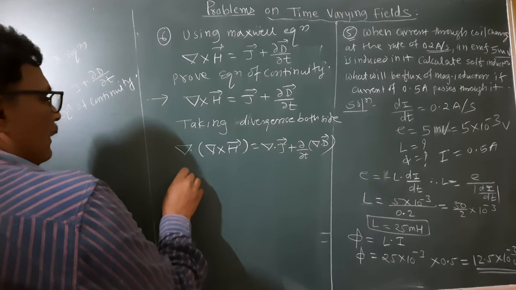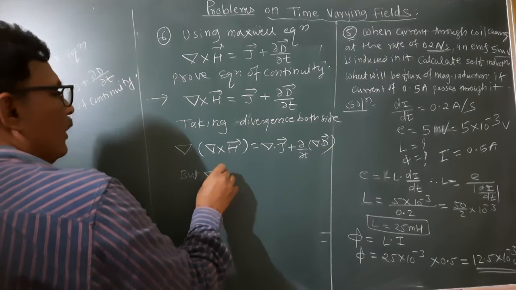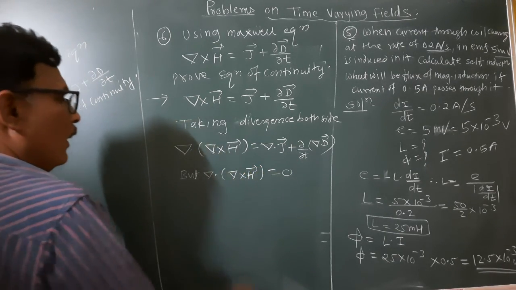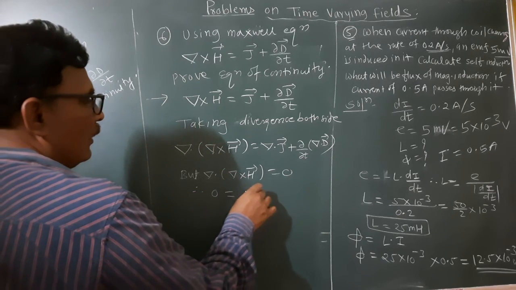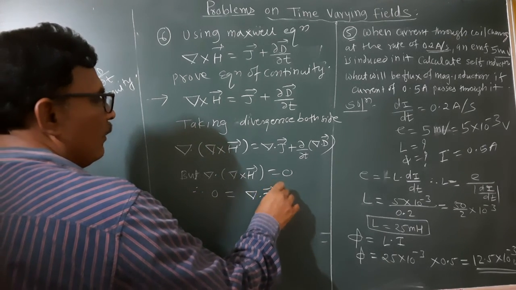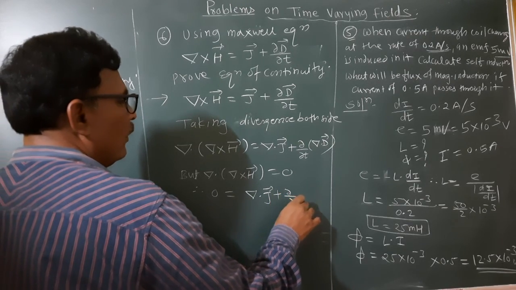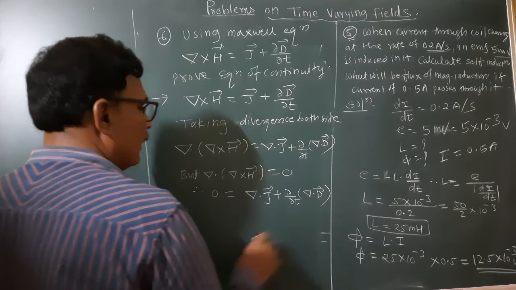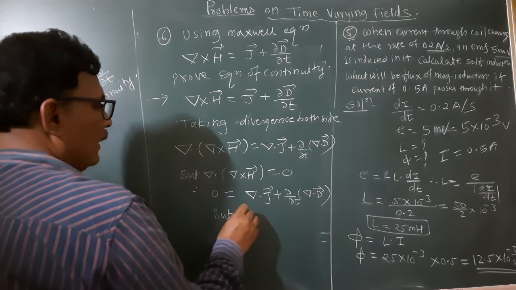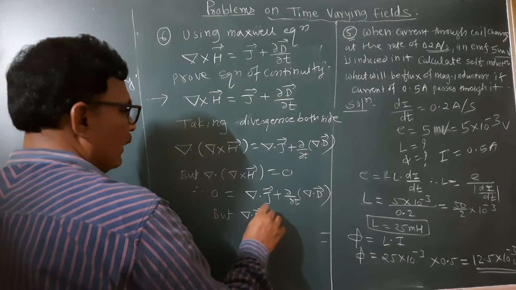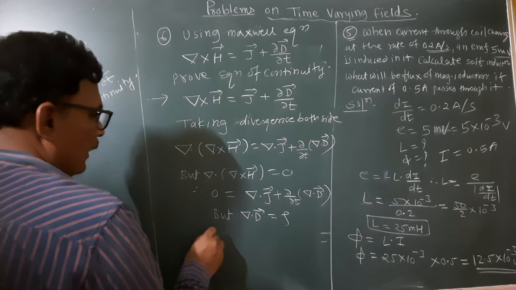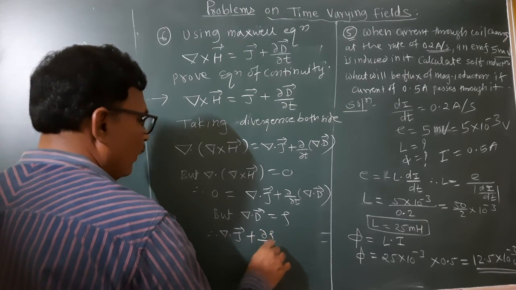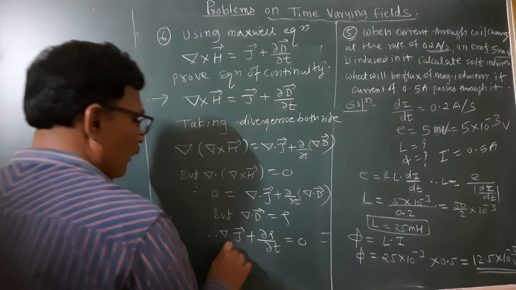But divergence of curl of H bar is equal to 0. Therefore, 0 is equal to divergence of J bar plus dou by dou t into divergence of D bar. But divergence of D bar is equal to rho. Therefore, divergence of J bar plus d rho by dou t is equal to 0.